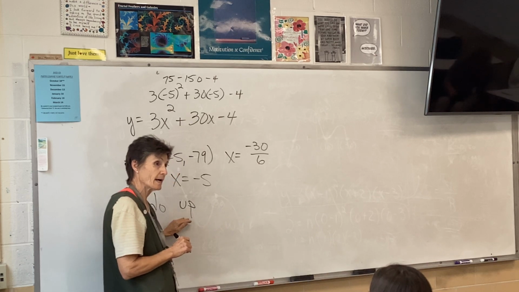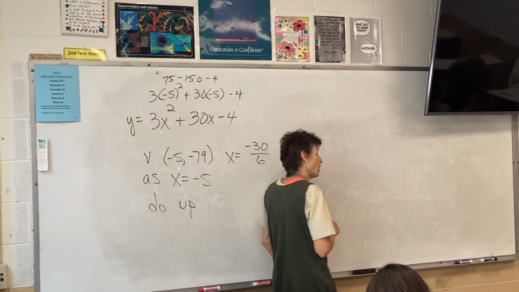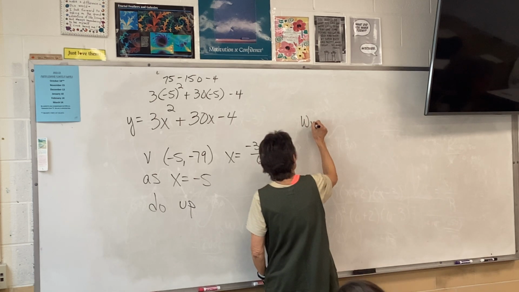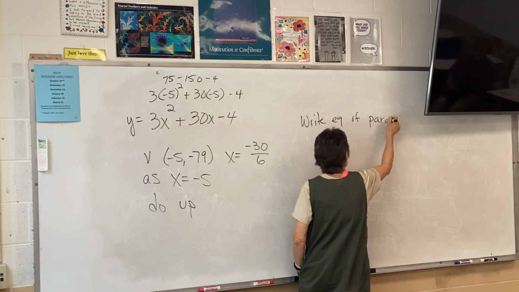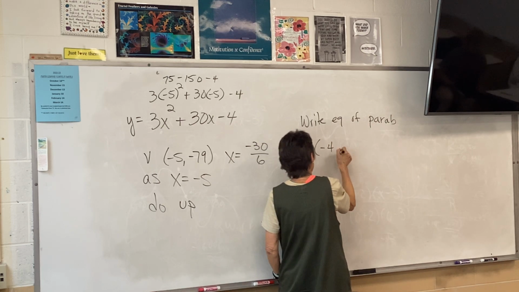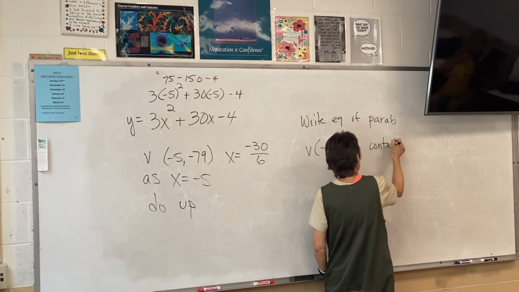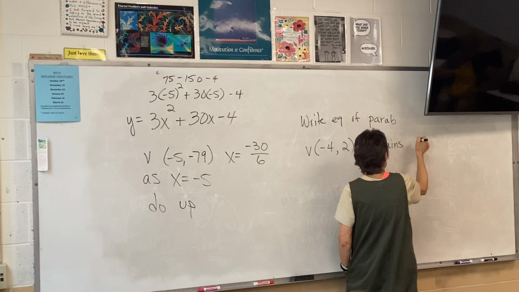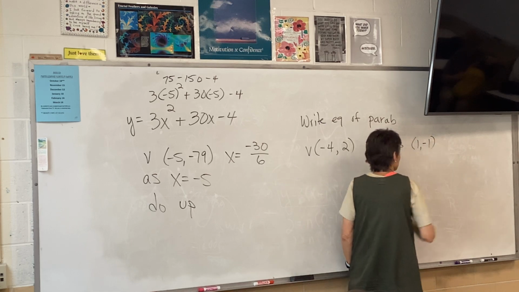Got it, everyone? All right, quiz problem number 2 is a little bit harder. It's gonna say write the equation of the parabola. Vertex is negative 4, 2, and it contains the point, I don't know, 1, negative 1, okay?